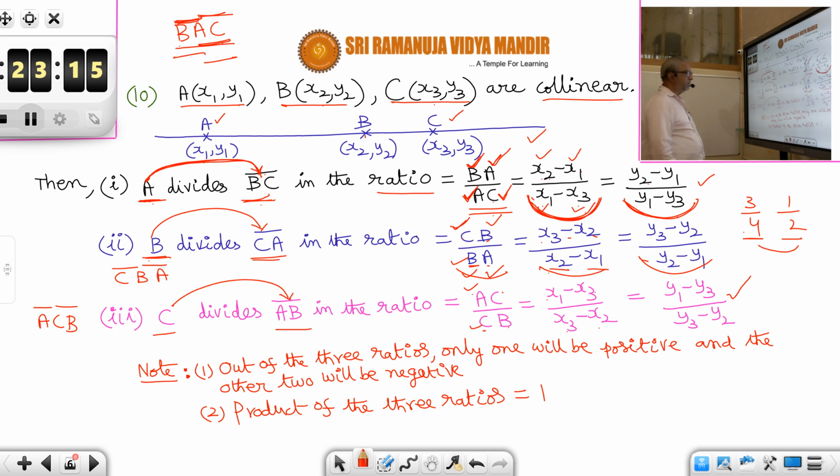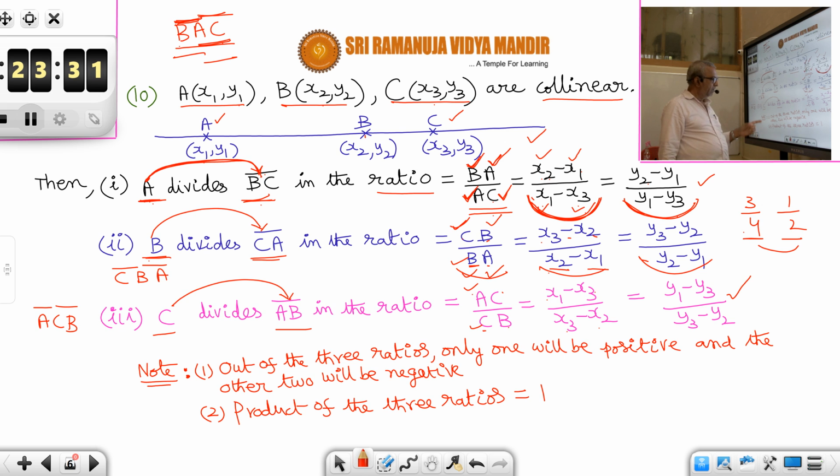So okay, we have written the ratios. Here I have written a note. There are two important points to note in this concept. What are they?